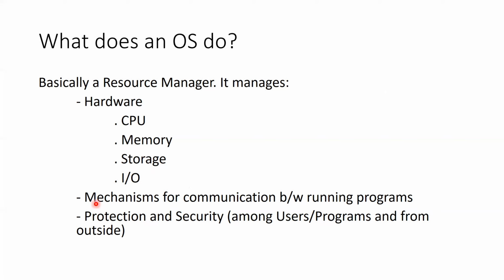So these are basically the main topics that we'll be looking at, how an operating system does all this stuff under the hood when it is running in a system. Throughout the semester, we'll see how the operating system manages CPU and memory, how it manages communication and synchronization between programs, and how it stores data on the hard disk.